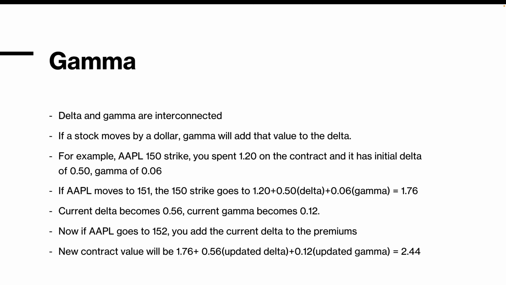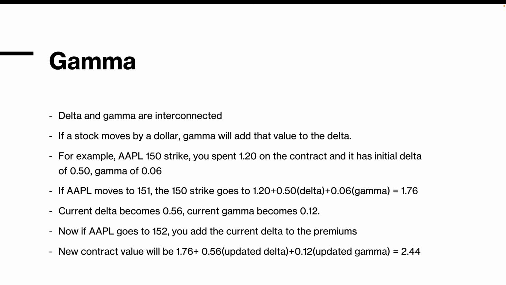If it's all overwhelming, trust me, it's going to make sense at the end of the slide. If a stock moves by $1, the gamma will just add its value to the delta. For example, we'll stick with that 150 strike in Apple. Let's say you spent 1.20. We're going to talk in options terms: 1.20 refers to $120.